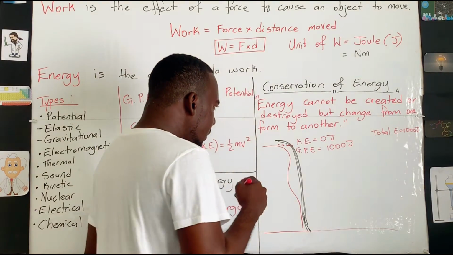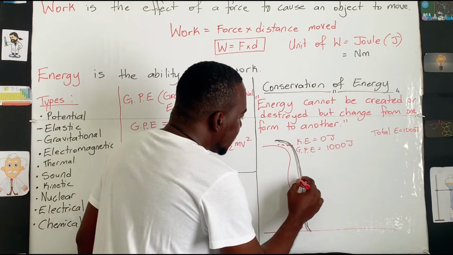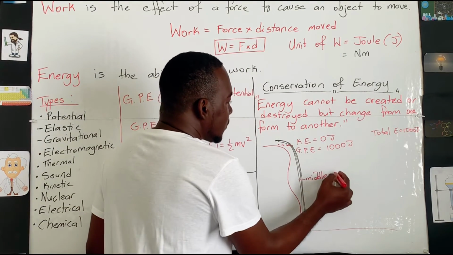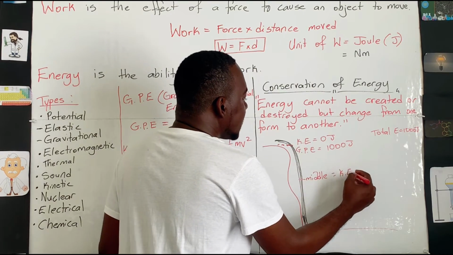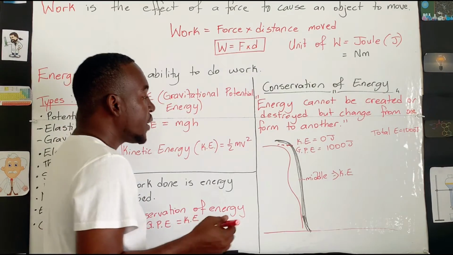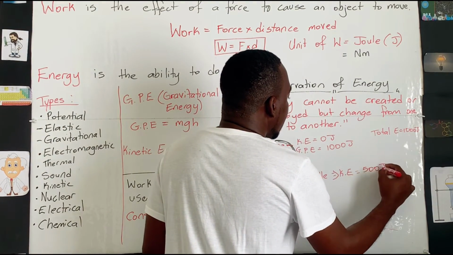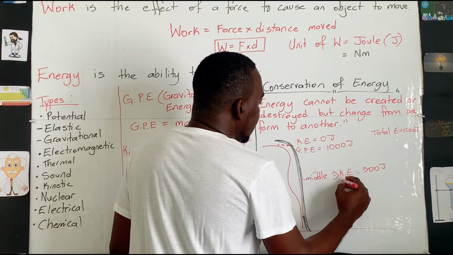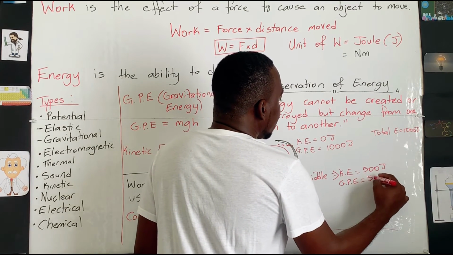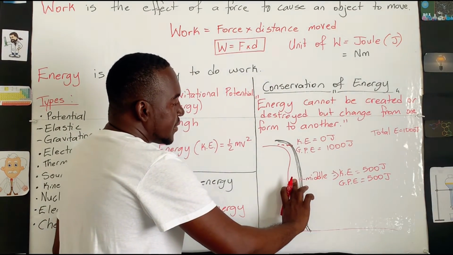Now, we're just going to use these two types of energy. In the middle of its journey down, it's going to accumulate some kinetic energy because now the water is moving. So the kinetic energy will be half of the total energy, and the gravitational potential energy is reducing because it's now getting smaller in height.